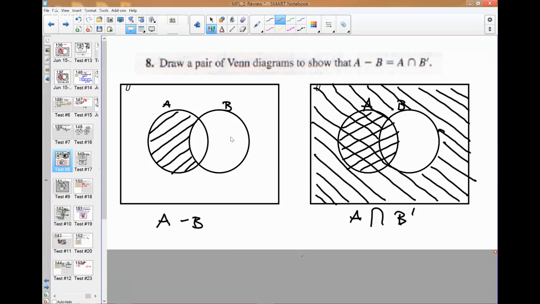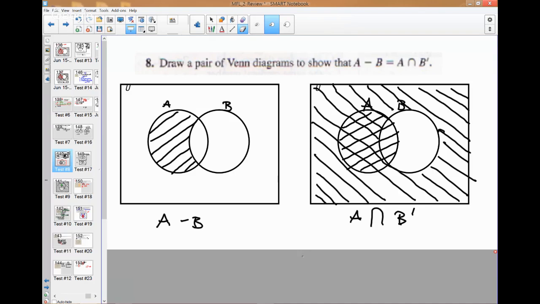So here's how I drew A minus B. I mean, really, I would have drawn it this way. First, I would have started with A, and so circle A would have been filled up. And then I have to remove B, so I would have come in there, remove the B, and wouldn't I wind up with that?